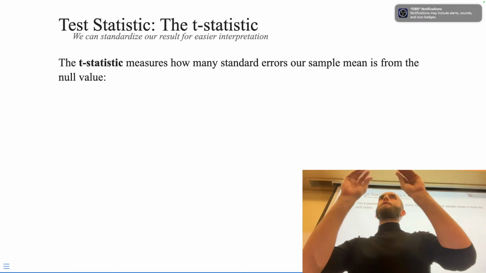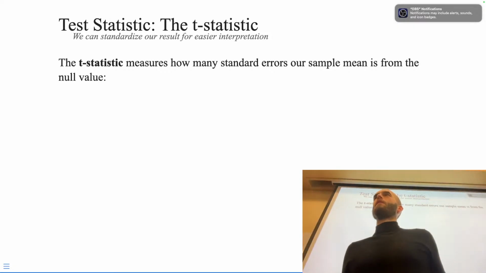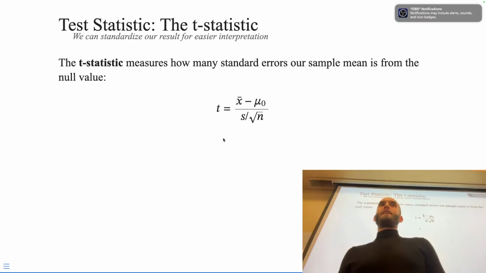How many standard errors different between your null hypothesis and your sample mean. The way we calculate this looks like this. The t value has on top the difference between the sample mean and our guess, and on bottom, the standard error.